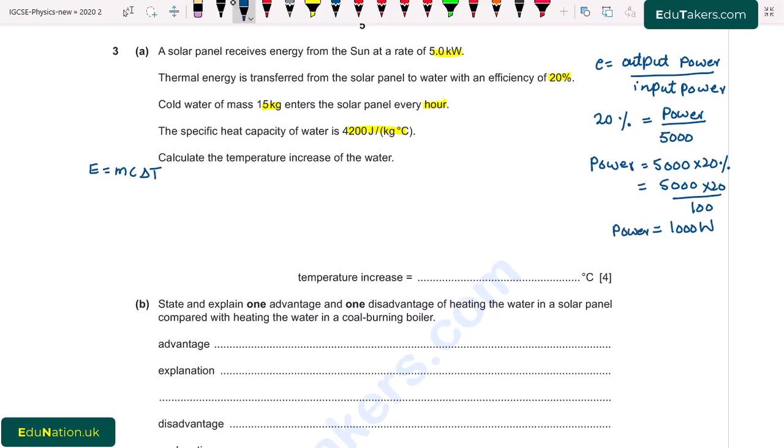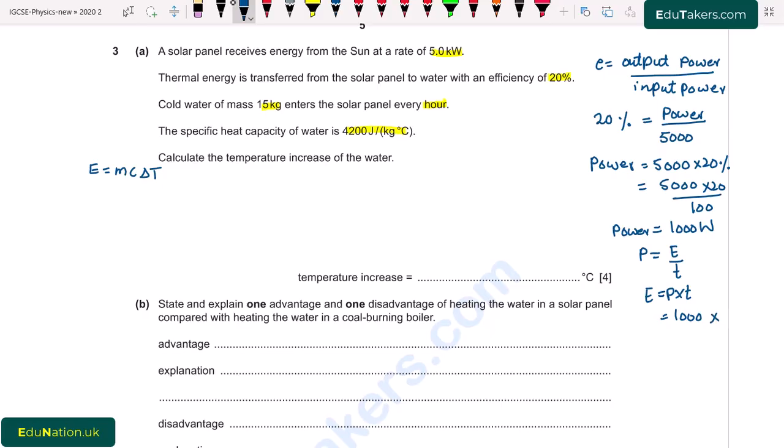We also know that the power is equal to energy per unit time. Here we have to calculate energy. Energy is equal to P cross T, and power we have already calculated, it is 1000 multiplied by time.